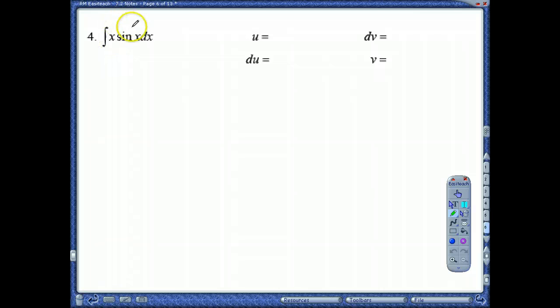Well, x sine of x, good news is I can integrate and differentiate both of those. So this is one of those game plans where I'm going to let the u be the guy that gets smaller because his derivative is going to be just dx. So when in doubt, if you can integrate and differentiate both of them, then let the u be the guy that gets smaller.